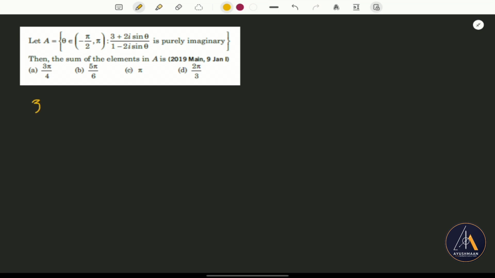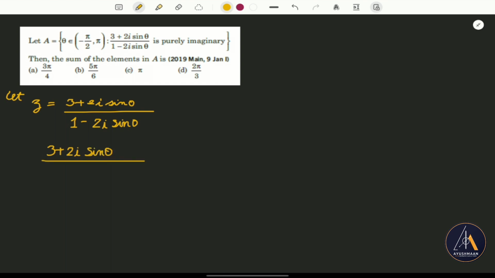So z is equals to, I'm letting z is (3 plus 2i sin theta) by (1 minus 2i sin theta). Now rationalizing, (3 plus 2i sin theta) over 1 square minus (2i sin theta) square, and above will be 1 plus 2i sin theta.